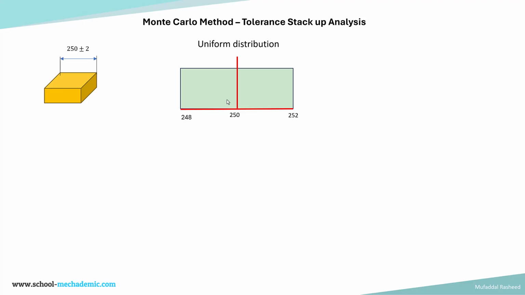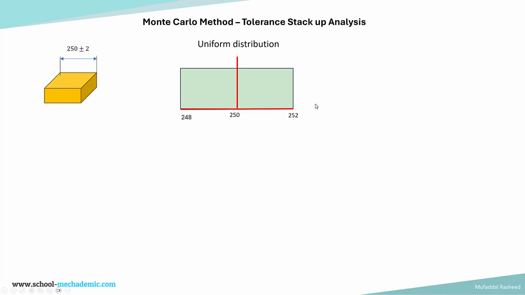So distribution says that you have the same probability of finding a part which is having a dimension at lower limit as same as having it as a nominal or the mean, which is 250. For simplicity's sake, let us consider that the manufacturing process which makes this block has a uniform distribution. It has an equal probability of manufacturing at the lower limits and upper limits as compared to its mean, which is the nominal 250.